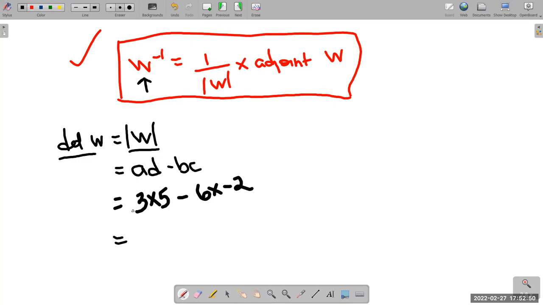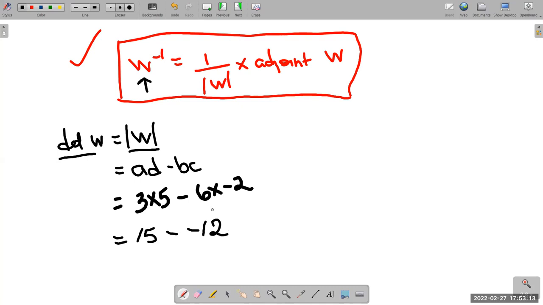So guess what, guys? Let's see. 3 times 5 is 15. Minus, because that's separate from this negative 2. 6 times negative 2 is negative 12. You see what happened there? Everybody see the mistake y'all make?